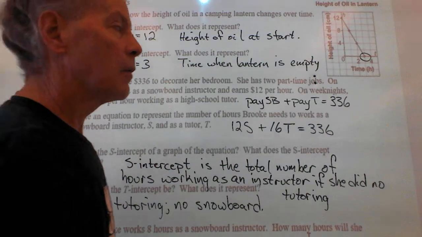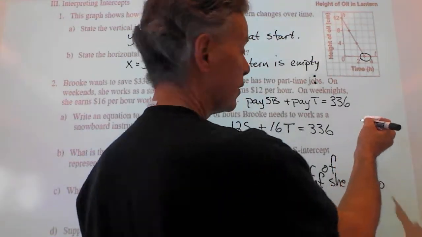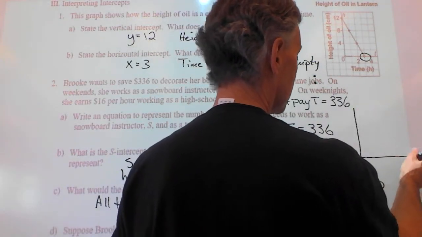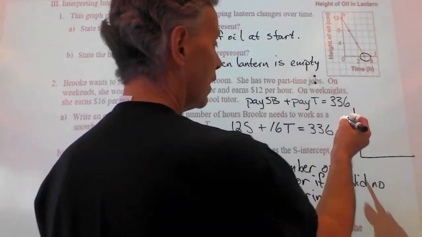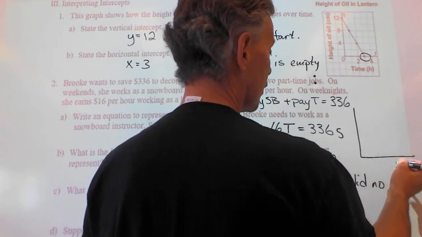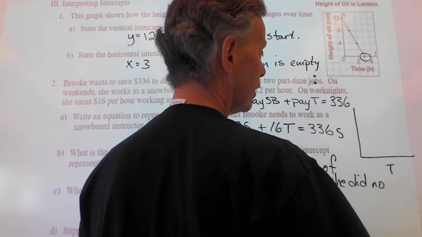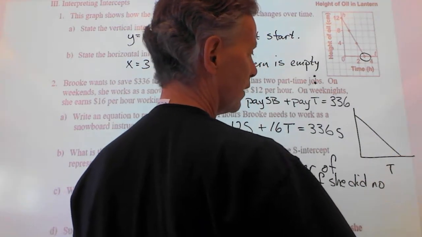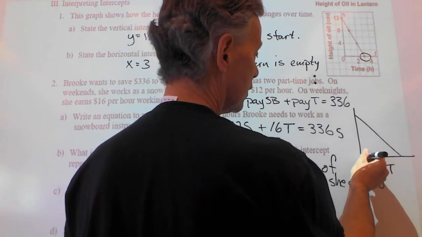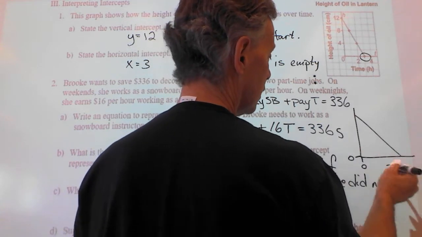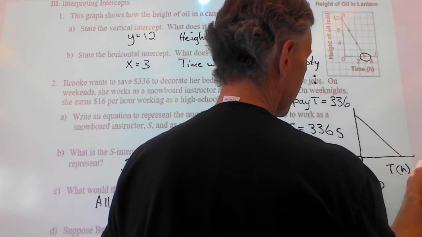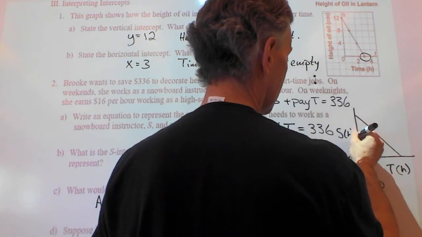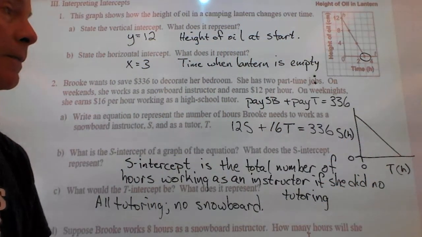How do I know that? Well, just want to make sure I have enough room here. If this is snowboarding and this is tutoring, then we're going to end up with a graph that kind of looks like this. Both snowboarding and tutoring have units of hours, right? The number of hours she does for each.